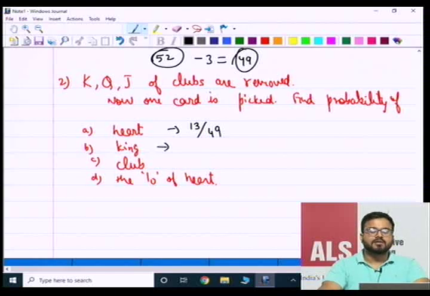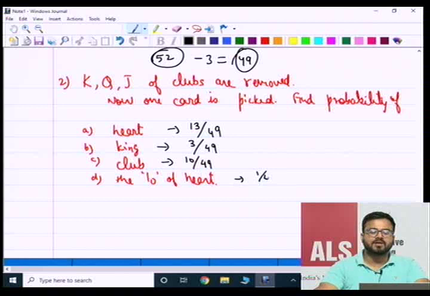King. Now we know there are 4 kings, but one of the kings is gone. So right now there are 3 kings. So 3 divided by 49. A club. What is the probability of picking a club? So 3 cards of club are gone. So total 10 clubs are there. 10 by 49. And the 10 of heart.